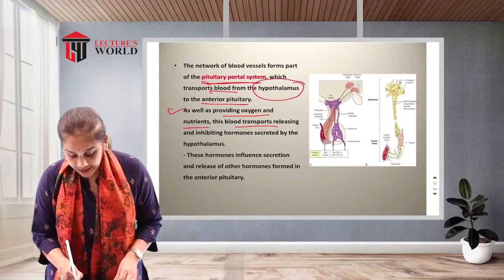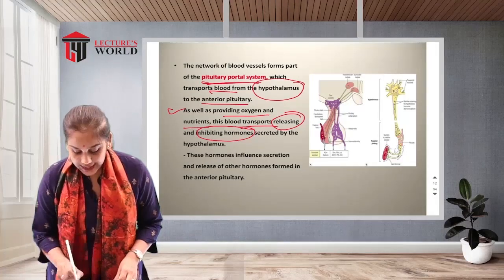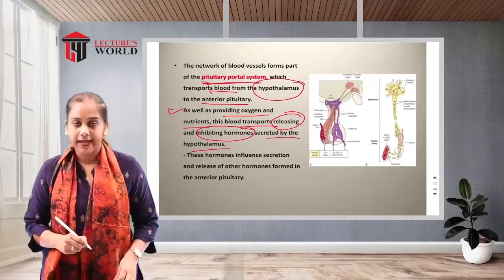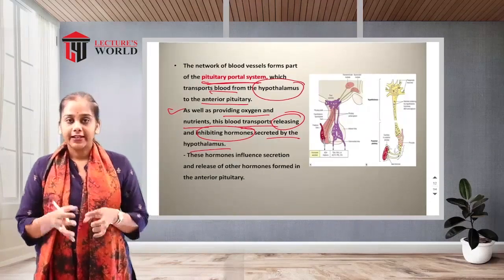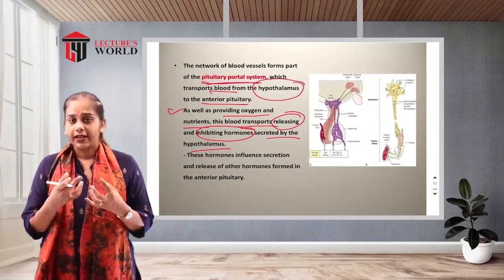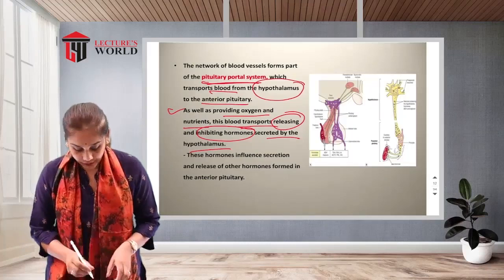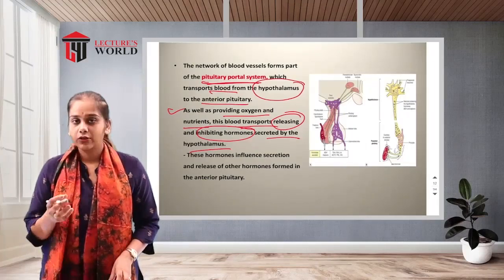This blood transports releasing as well as inhibiting hormones that are secreted by the hypothalamus. Okay, the anterior pituitary gland is also helpful for the releasing hormones as well as the inhibiting hormones. Okay, what are inhibiting hormones?